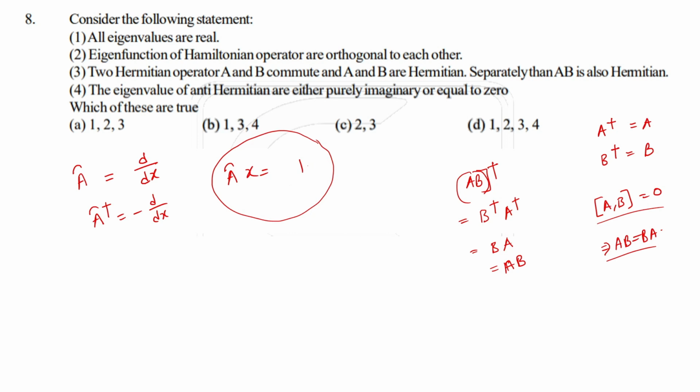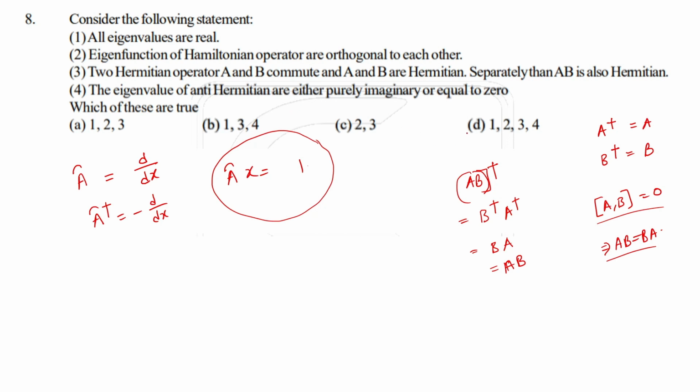So this is not at all an eigenvalue equation, right? So I should not say the eigenvalue is 0, but it won't be an eigenvalue equation, right? For this particular case. So actually 4 is also correct.